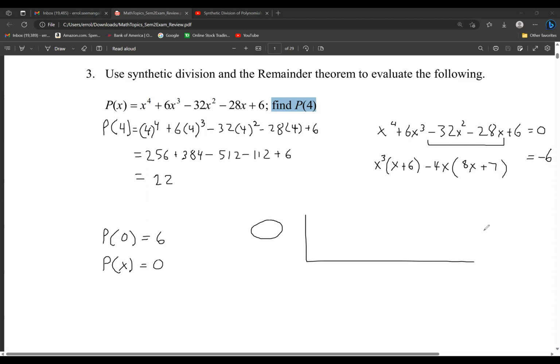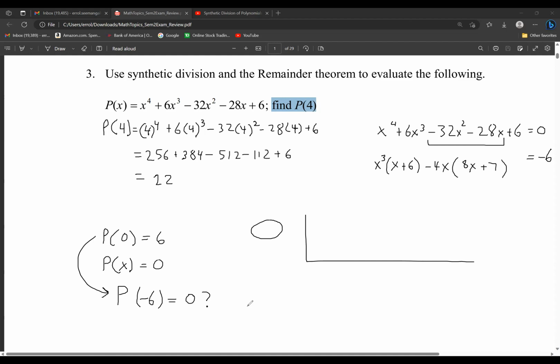So if P of 0 is 6, that means that P of negative 6 would be 0. Is that right? If we plug in negative 6 there.